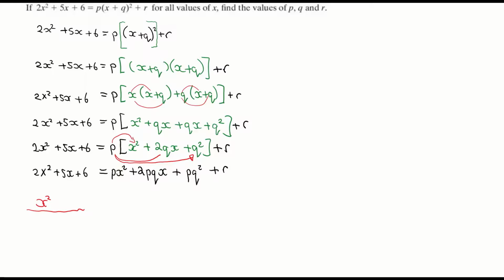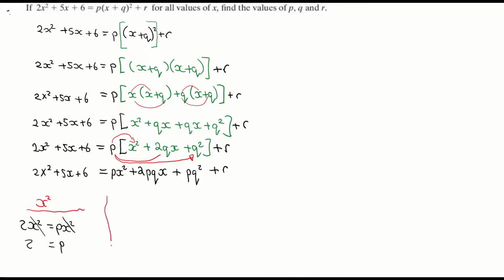So that's giving me the 2x squared is equal to px squared. And if we divide across by x squared, we get p is equal to 2. So that's our first value found.